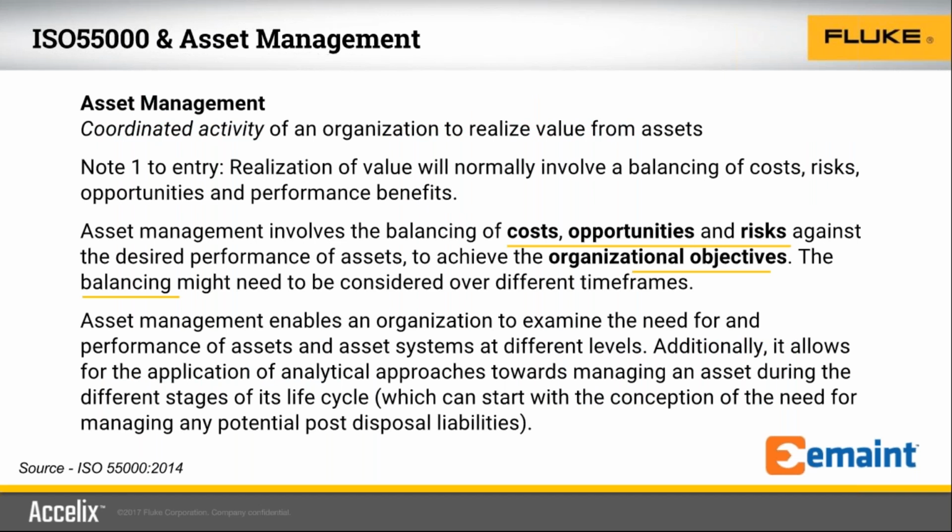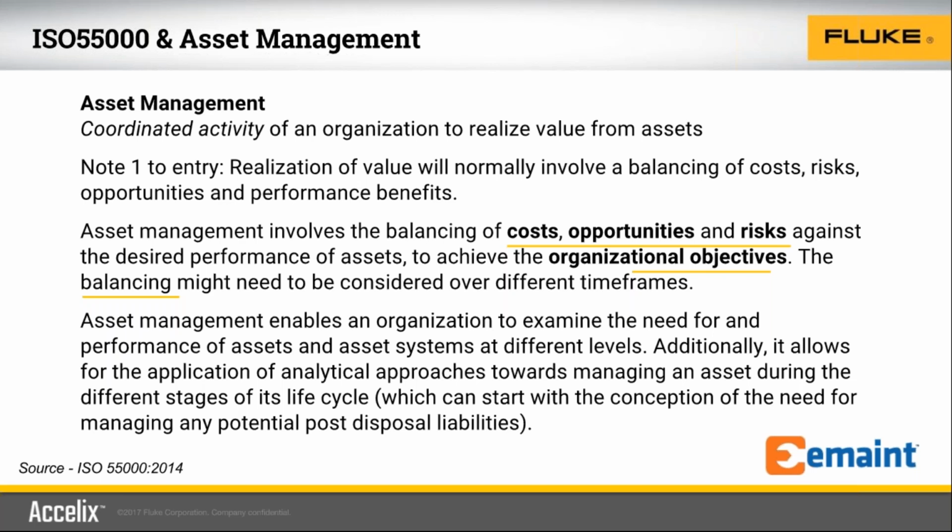Asset management, let's define it, and this is a cultural view. If you think about it, it's coordinated activity, per ISO 55000, the document. It's coordinated activity of an organization to realize value from assets. And they go on to say that it's really a balance of costs, opportunities, and risks against the desired performance of assets to achieve organizational objectives.